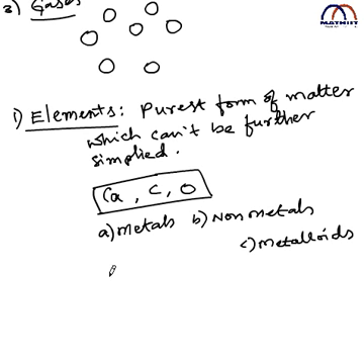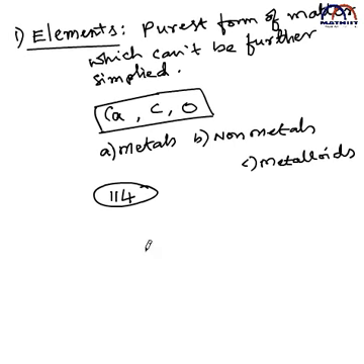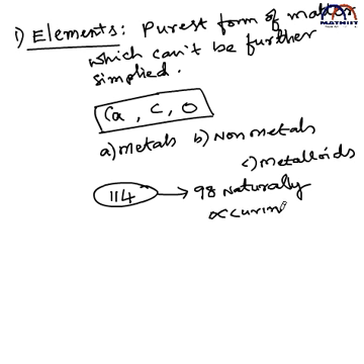So in total we have 114 elements in chemistry, and everything that we discuss in chemistry is from these 114 elements only. Out of them, 98 elements are naturally occurring, and the remaining are artificially synthesized elements.